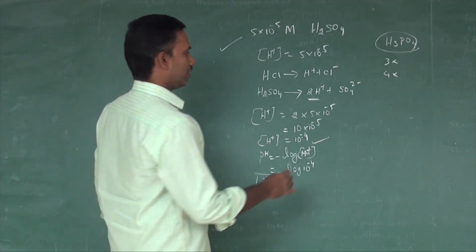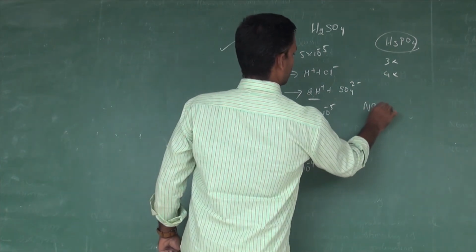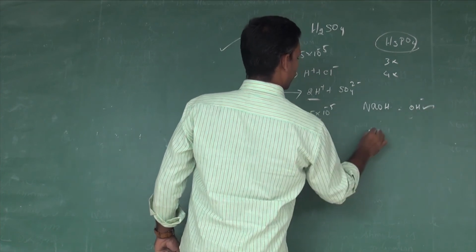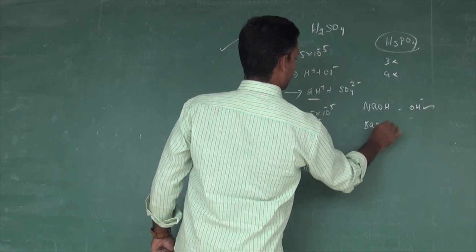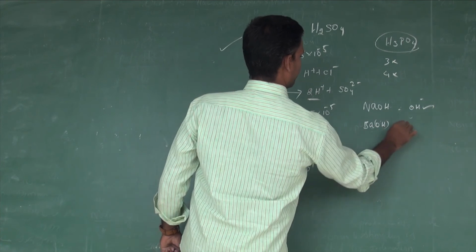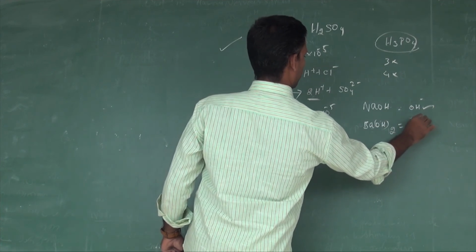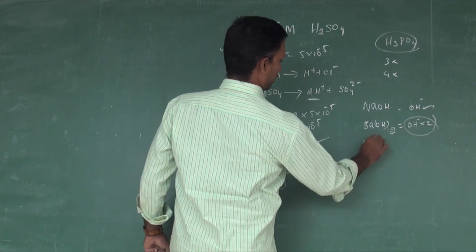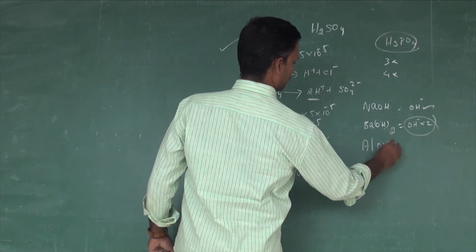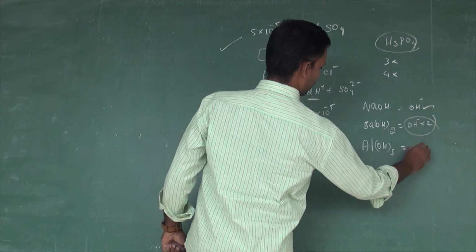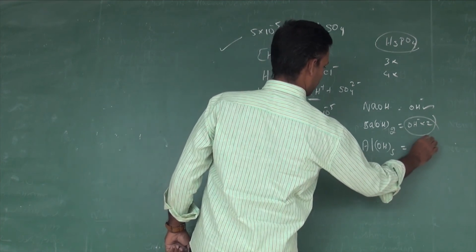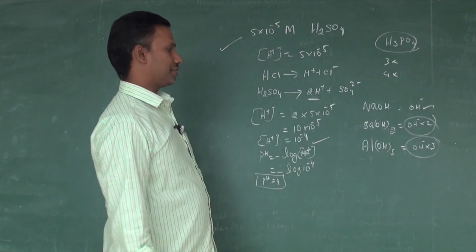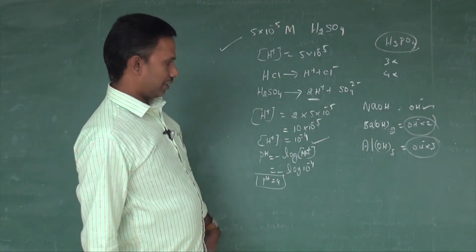That gives the original OH minus ion concentration. Then you calculate and find the answer.